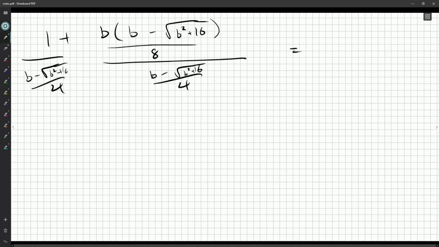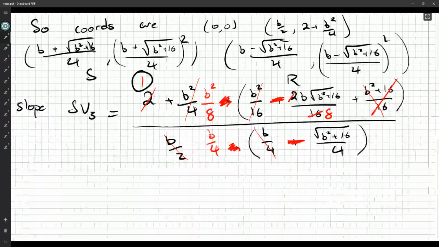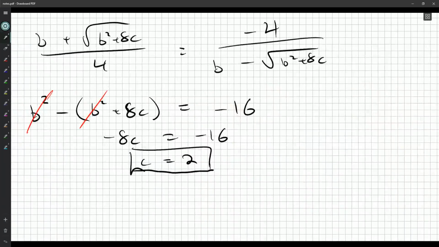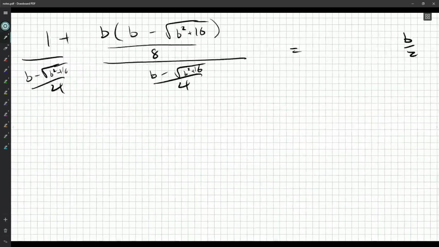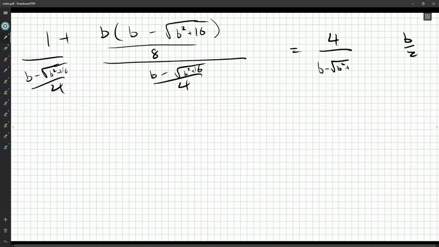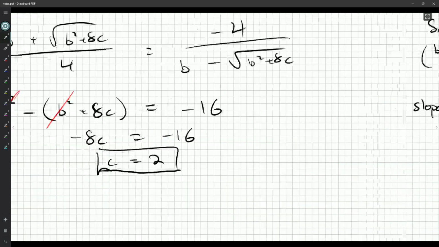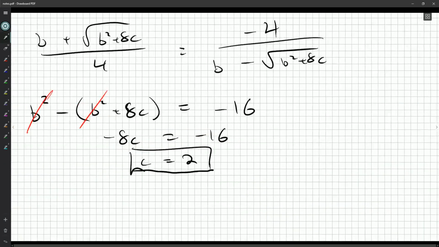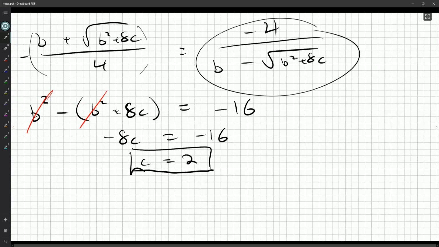Now this part still here becomes b over 2. And then we specifically chose... Yeah, this will turn out to be 4 over b minus the square root of b squared plus 16. But that's just going to be, thanks to our negative reciprocal here, just the negative of this thing, right?